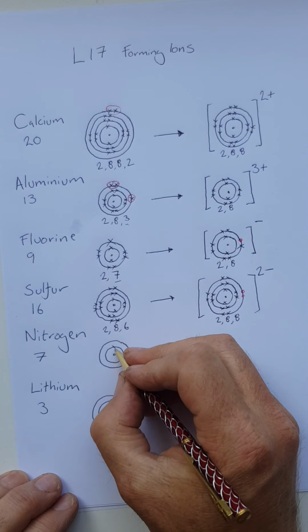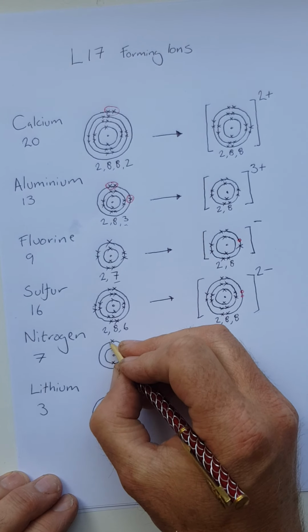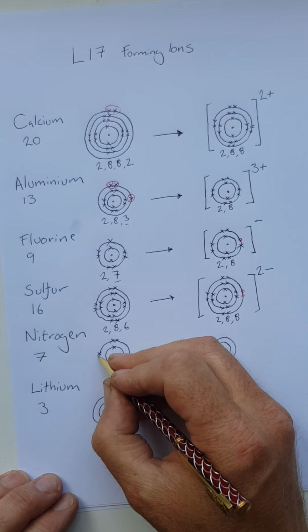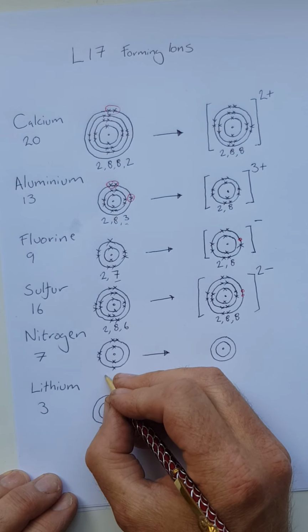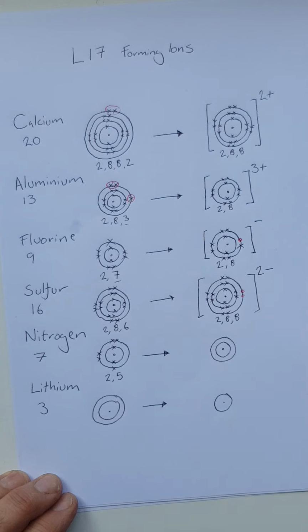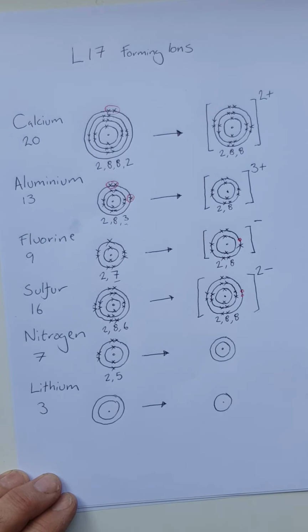Moving on, nitrogen has got 7 electrons, so it's got a configuration of 2 and 5. You'll find nitrogen in group 5.